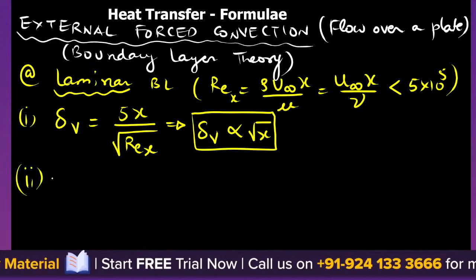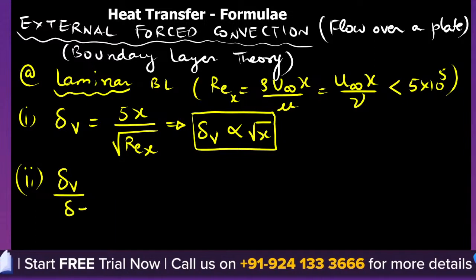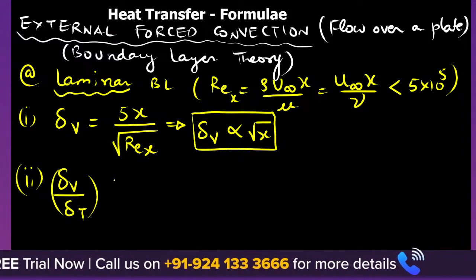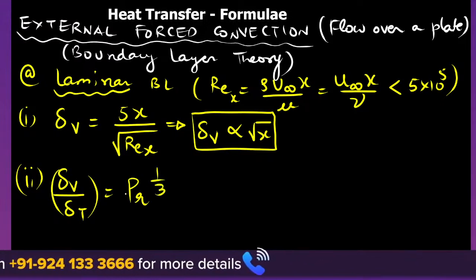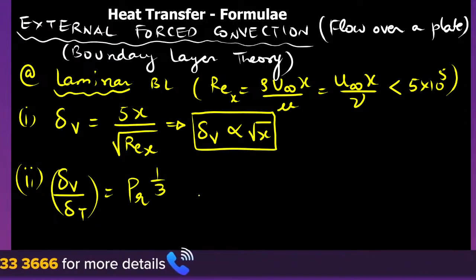The next formula is the ratio of delta V by delta T. The ratio of velocity boundary layer thickness to thermal boundary layer thickness is given by Prandtl number to the power 1 by 3.